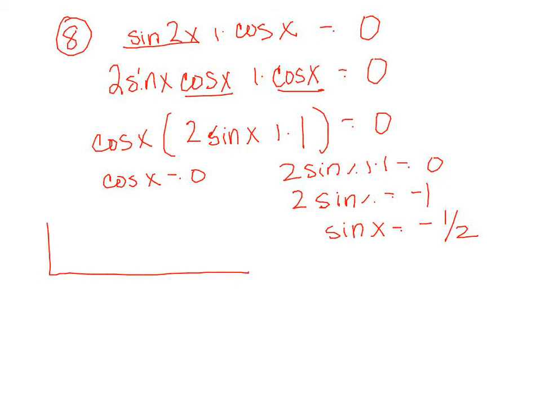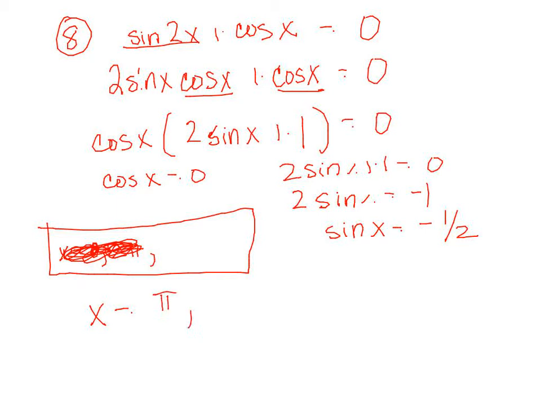So where is cosine 0? At 0 and 2 pi. Where is sine negative 1/2? Sine is negative 1/2. Whoops. Hold on. Cosine is not 0 at 0 and 2 pi. Let's try this again. Where is cosine 0?